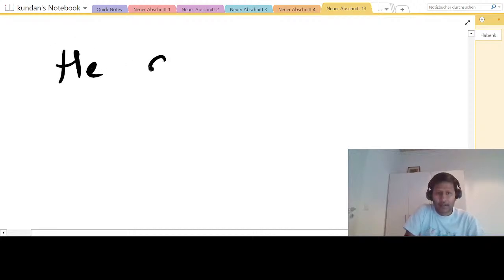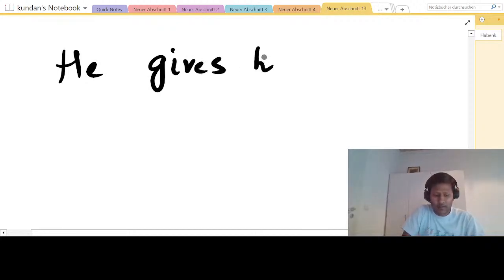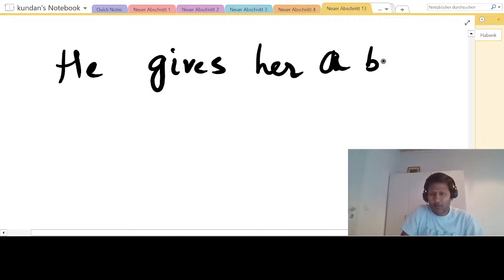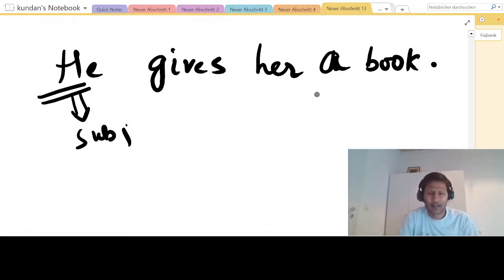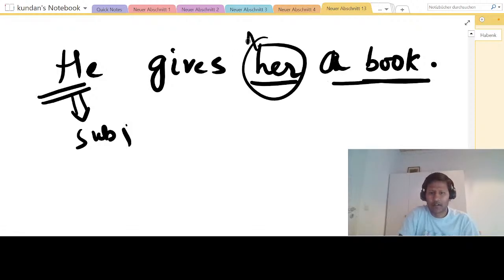He gives her a book. Okay, so now we see this sentence, a very interesting sentence, right? He is the subject. And what is the object? What does he hold directly in his hand? Is he holding this? No, no. This one is a person, right? Another person.